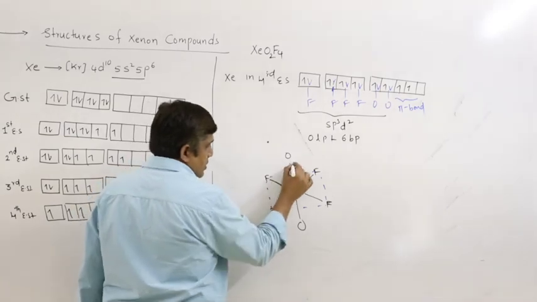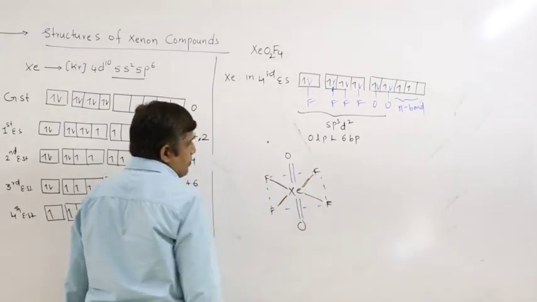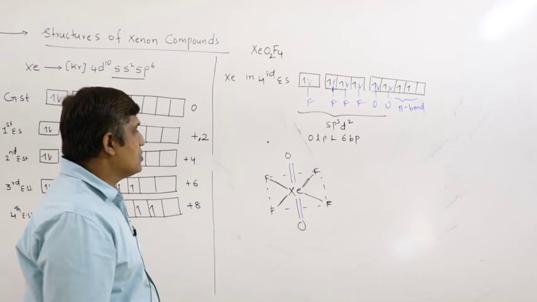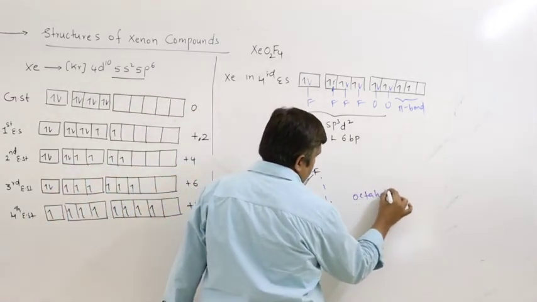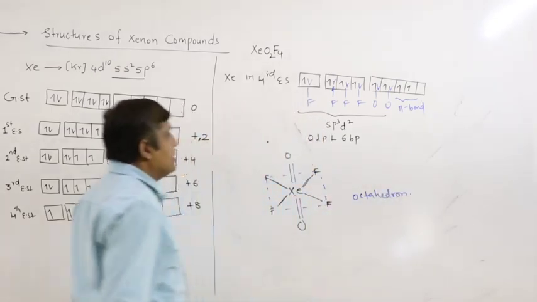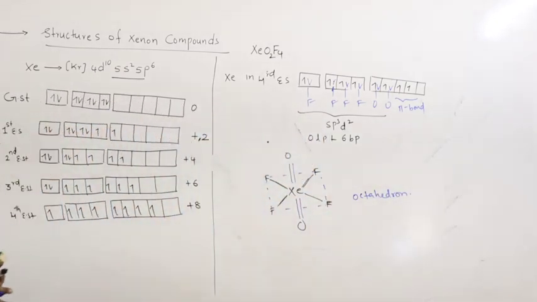Square. This is a pi bond, this is another pi bond, right? So octahedron. Geometry is octahedron, sp3d2 hybridization.